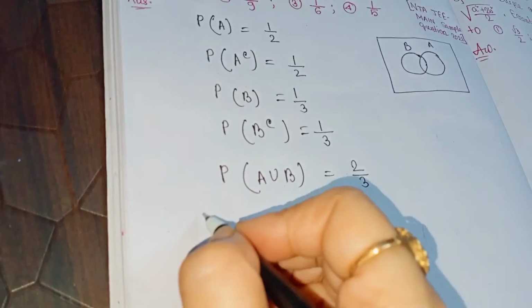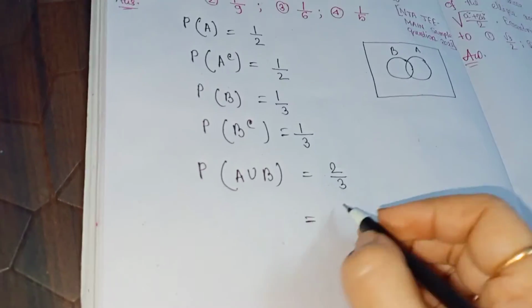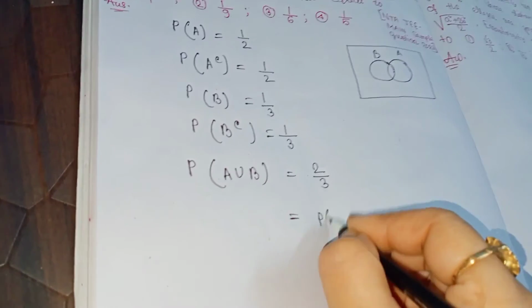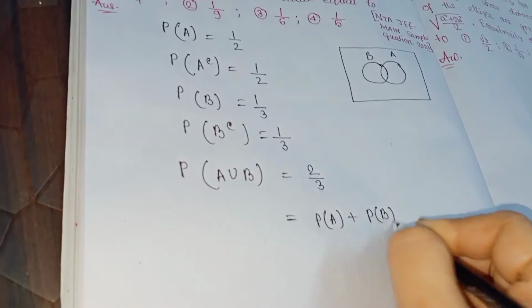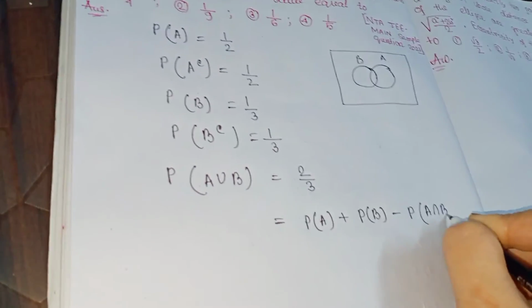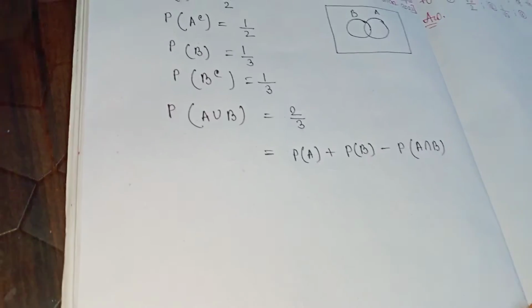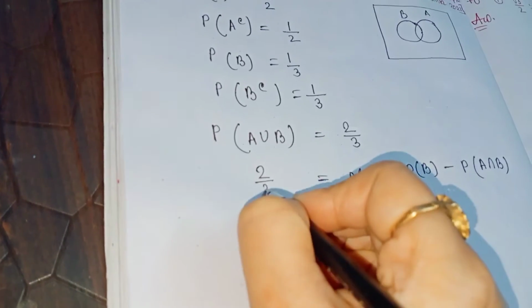So now the formula. We know P(A union B) is equal to P(A) plus P(B) minus P(A intersection B). So here we put 2/3.